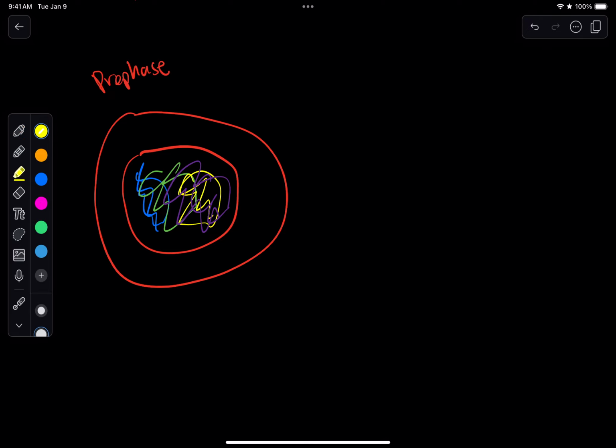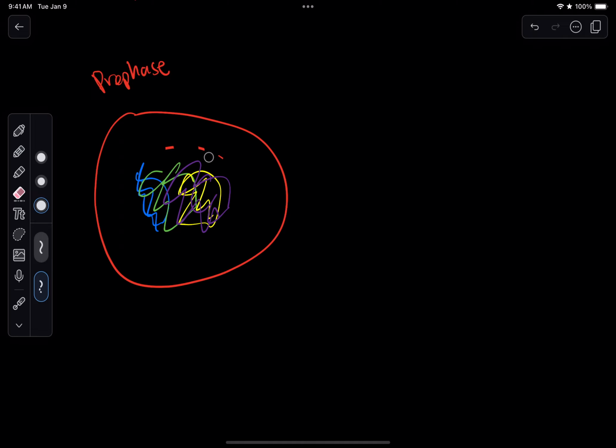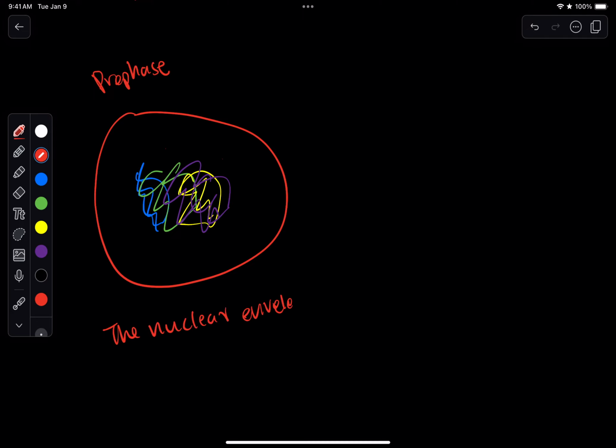The nuclear envelope dissolves, and now it's completely gone. So prophase is when the nuclear envelope disappears and the nucleus is broken open.